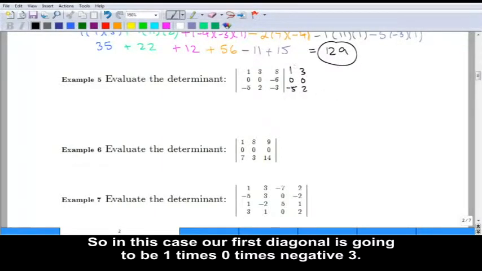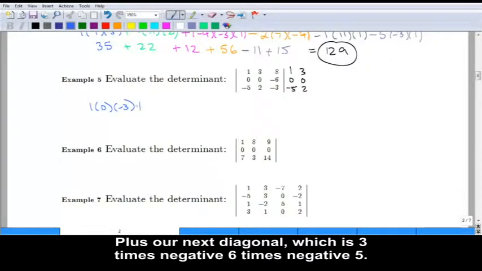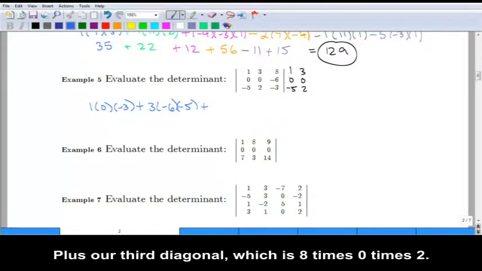So in this case, our first diagonal is going to be 1 times 0 times -3, plus our next diagonal, which is 3 times -6 times -5, plus our third diagonal, which is 8 times 0 times 2.